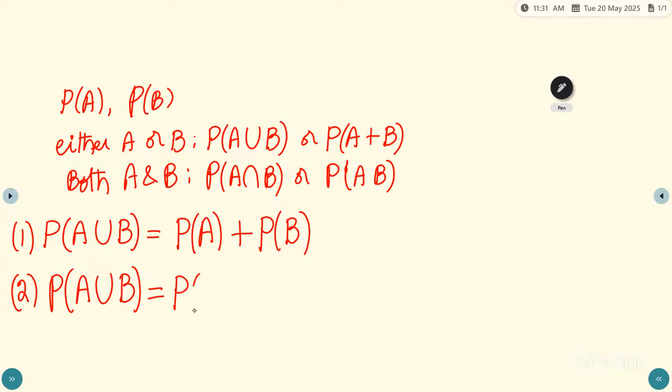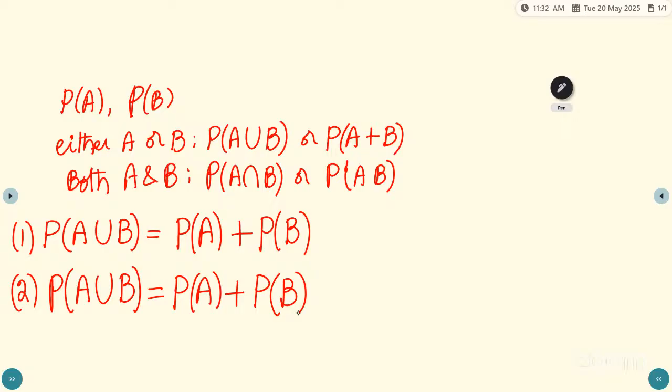P of A plus P of B, happening of either A or B, not both.